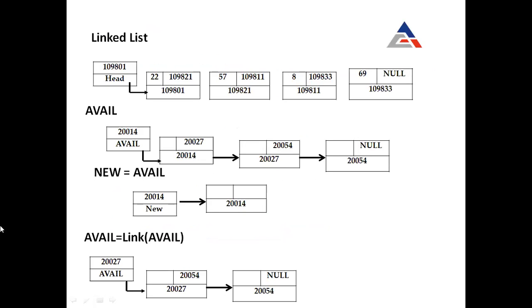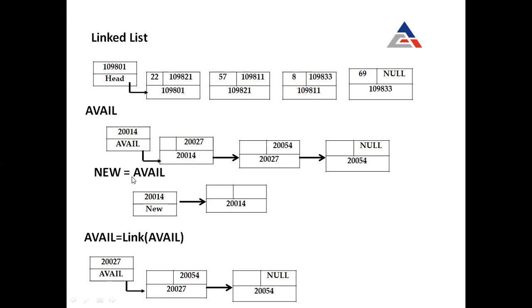Let's see how it works. I'm having a linked list, in which I'm having 4 elements over here. Okay, this is avail. This is the avail list. It means 3 availabilities are there. I can insert 3 more elements in my linked list because 3 nodes have empty space for the information.